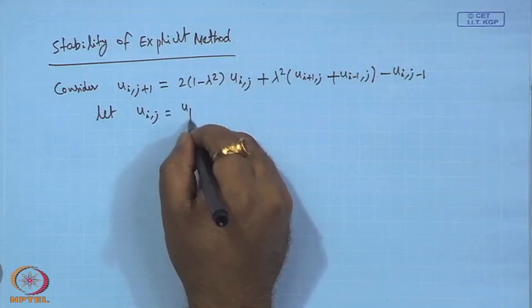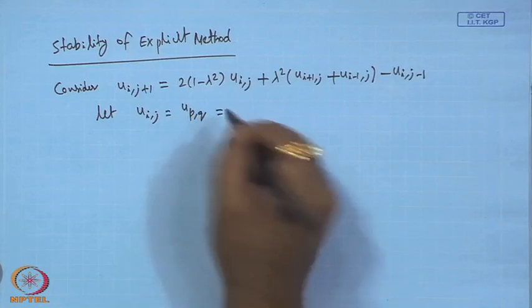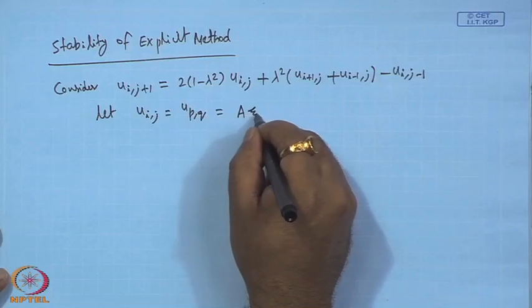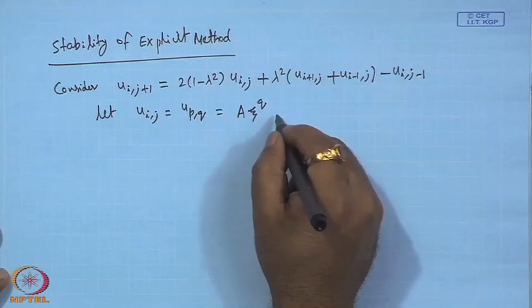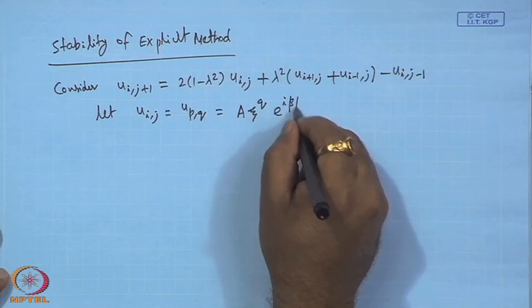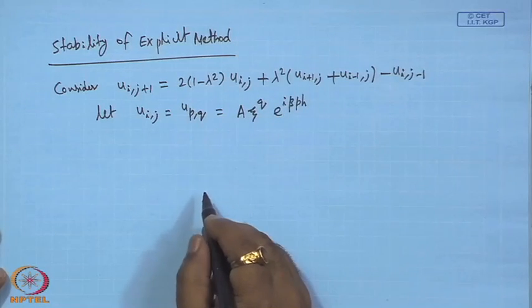So, for convenience we are changing, right. So, this is Fourier stability analysis. Okay.